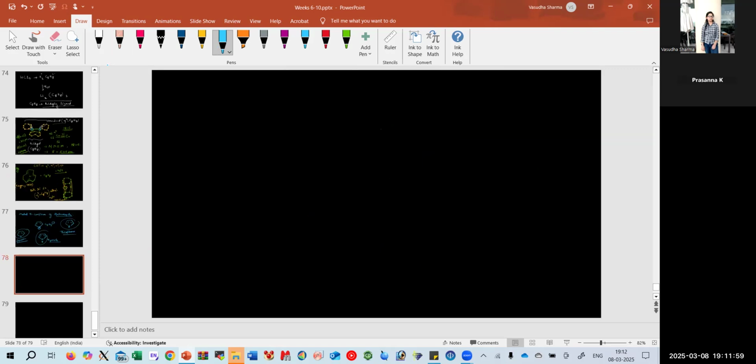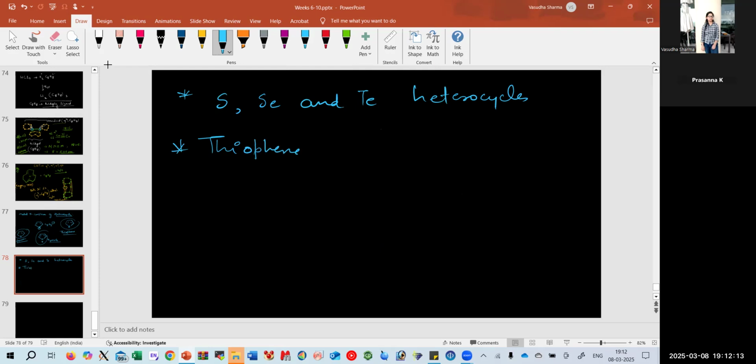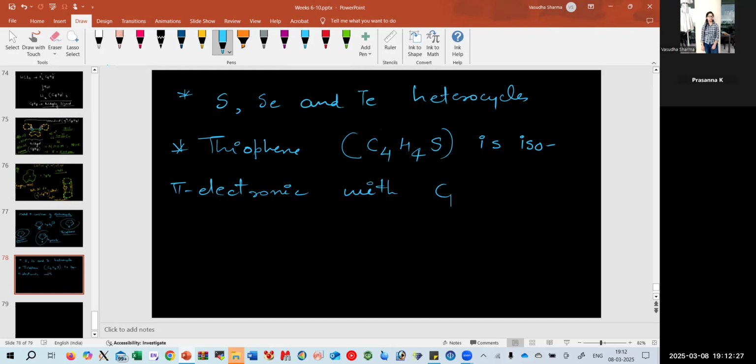So we are going to talk about sulfur, selenium, and tellurium heterocycles. We will be starting with thiophene, which is nothing but C4H4S, and this is isoelectronic with your Cp ligand, which is cyclopentadienyl C5H5 minus.